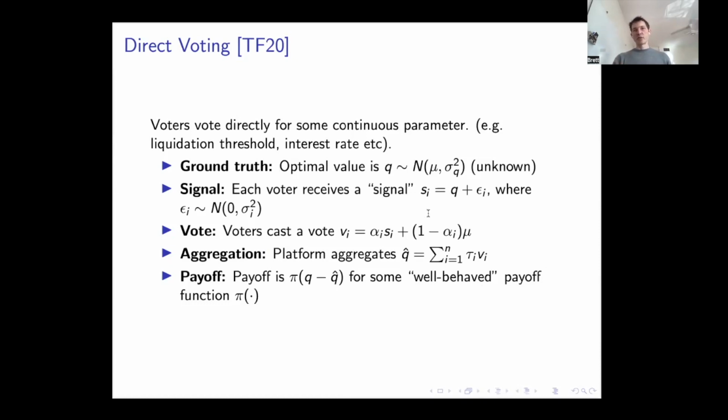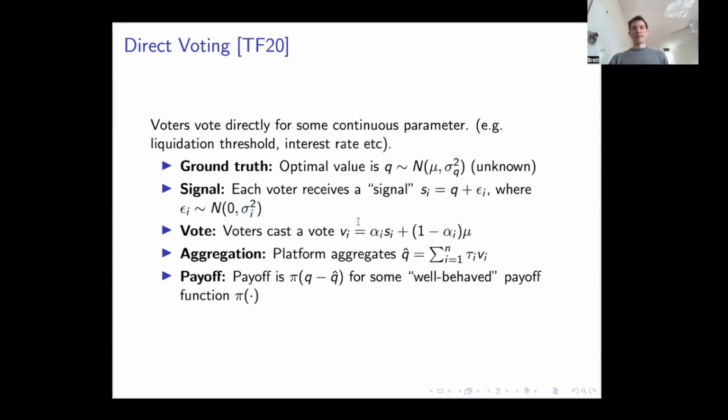Everybody gets a signal, which is the optimal plus some noise. So say the optimal is 67%. The noise comes from a distribution, and again voters have different noise variances, so some voters are much more informed than others.